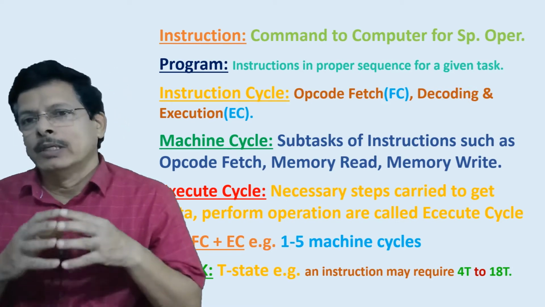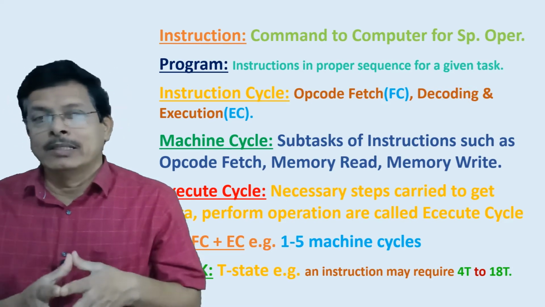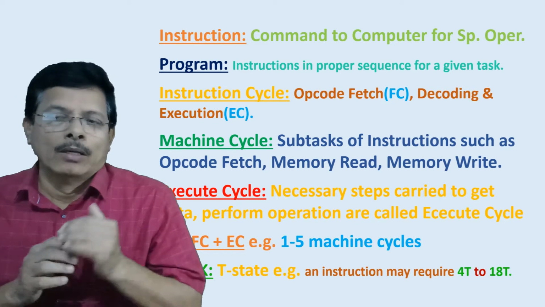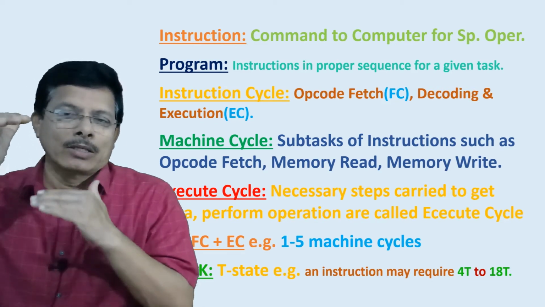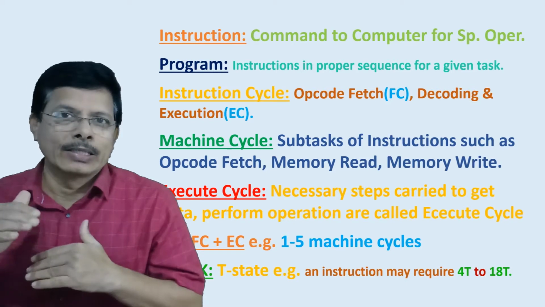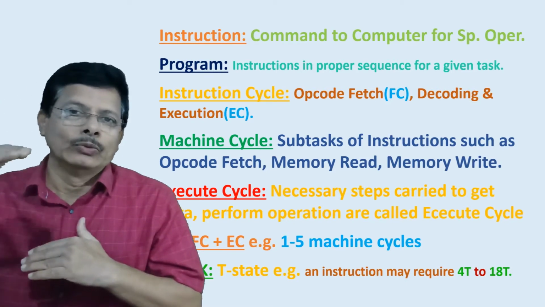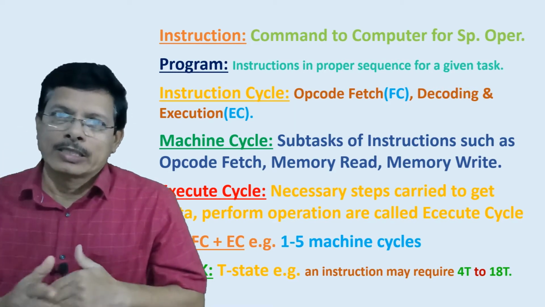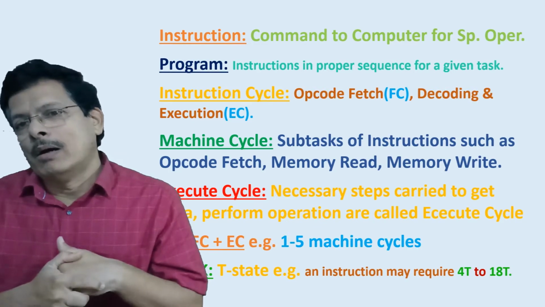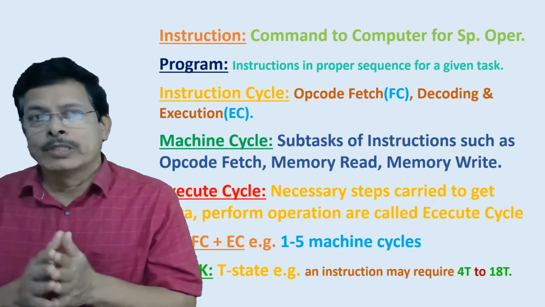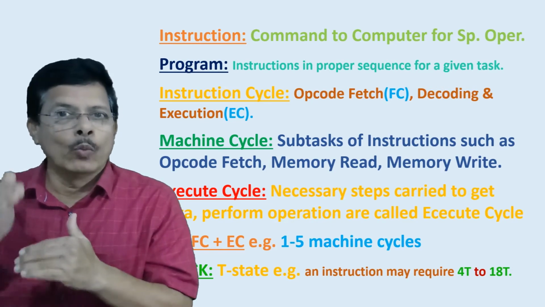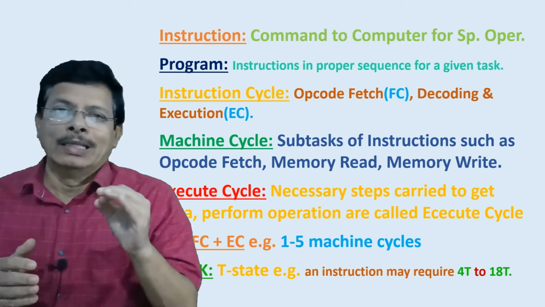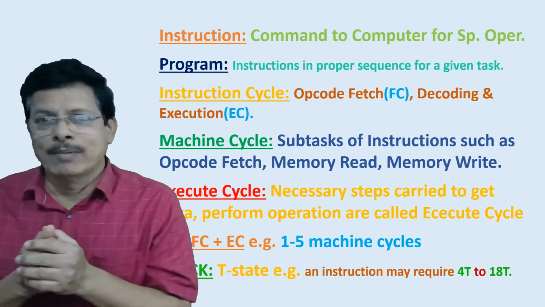A program is actually instructions written in a proper sequence for a given task, for a given job. These instructions are stored in memory along with the necessary data in locations 1, 2, 3, 4, 5, 6 and so on, and every memory location has a 16-bit address. Then the microprocessor executes these instructions one after the other in sequence till the last instruction of the program.